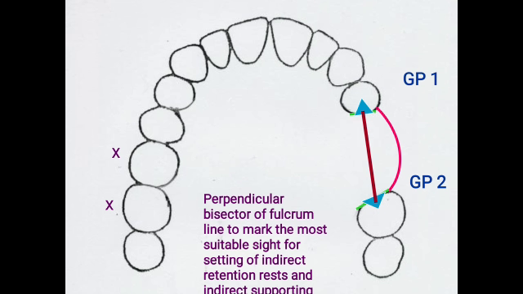So we are drawing a perpendicular bisector to this imaginary line. So you can see that dotted line there.